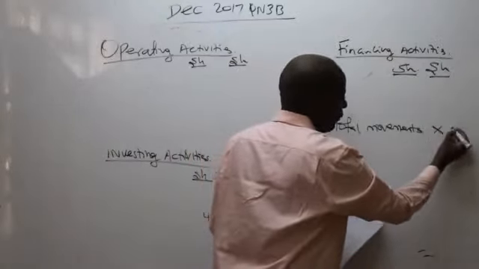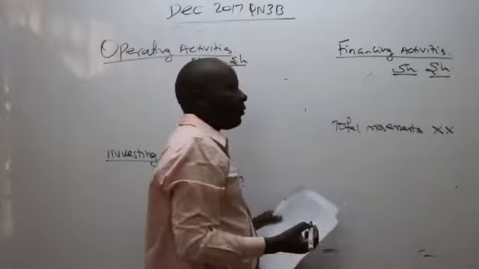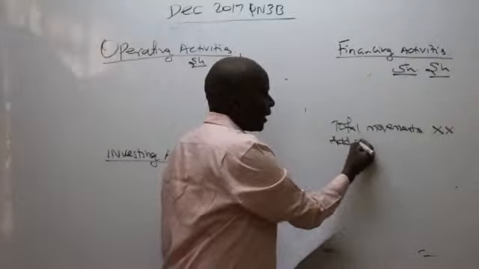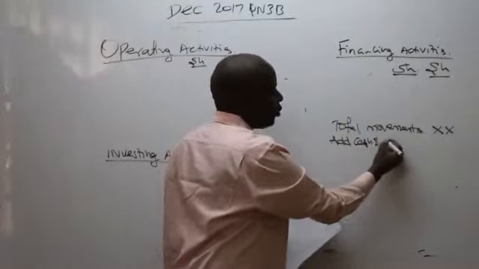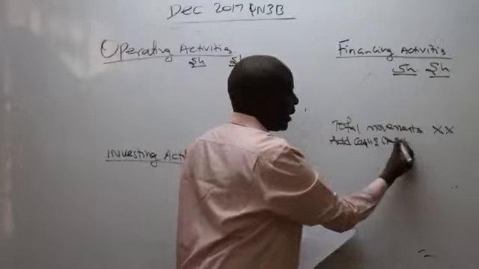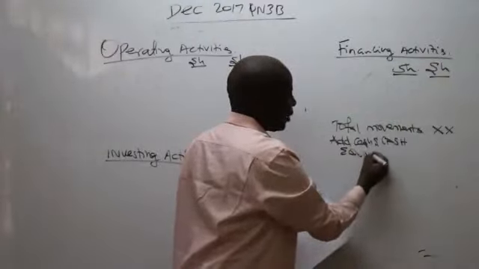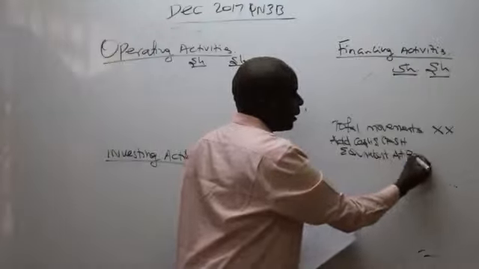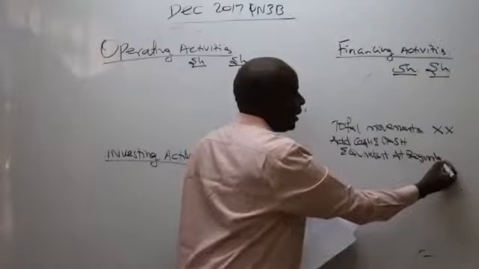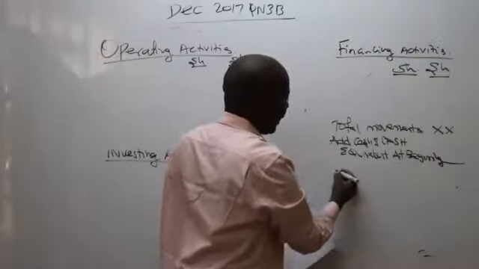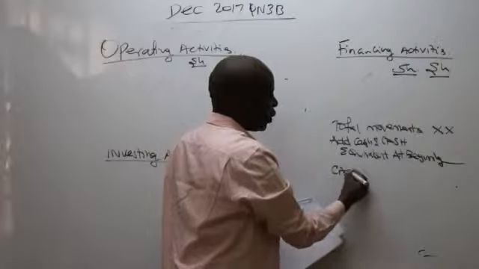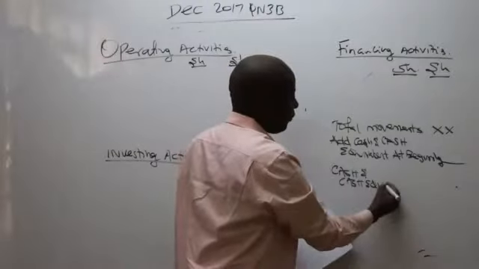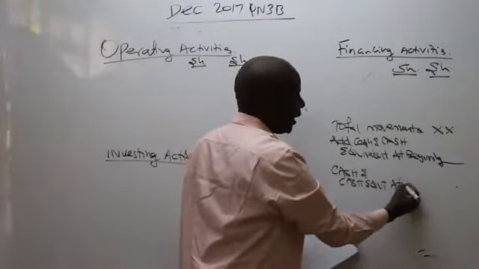Then I'll add the cash and cash equivalents at the beginning, brought forward. And the moment I add, I should get the cash and cash equivalents at the end.